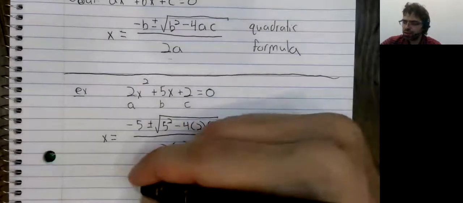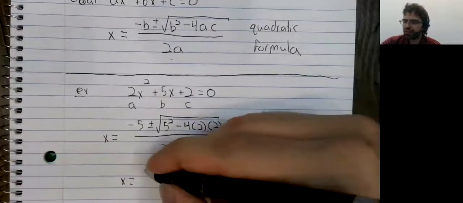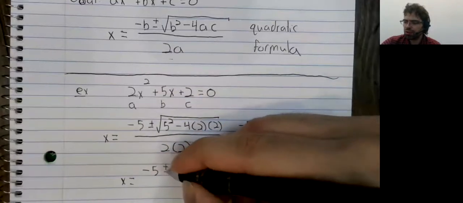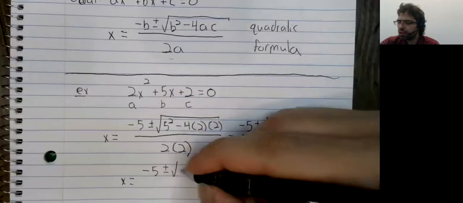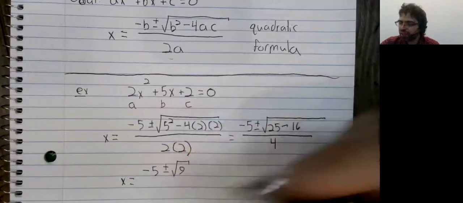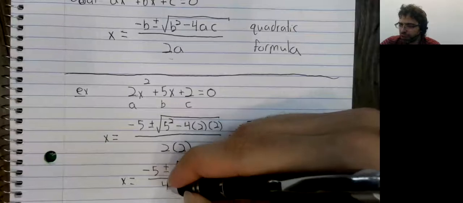So simplifying that square root further, I selected these coefficients completely at random.